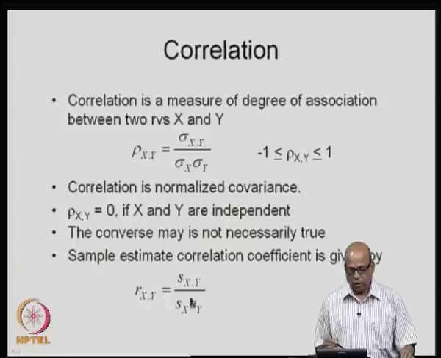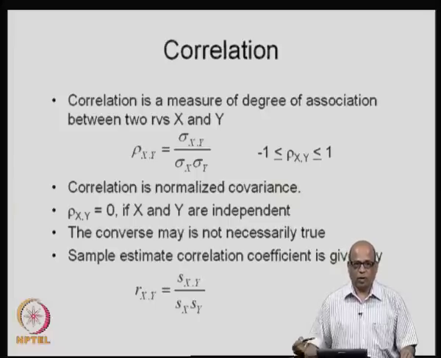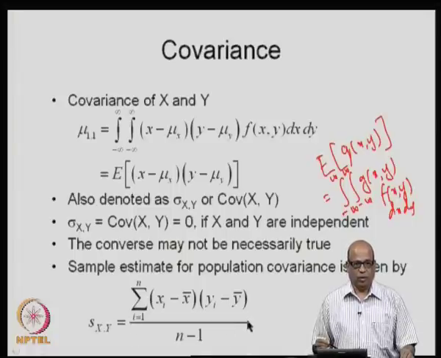This is S x y by S x S y, and how do we estimate S x y? S x y is simply the summation of x minus x bar into y minus y bar, summed over i equal to 1 to n, divided by n minus 1. This is how we estimate the covariance of x and y.